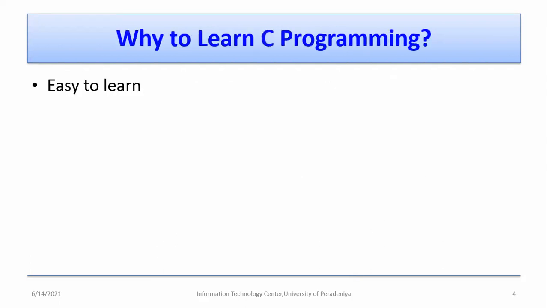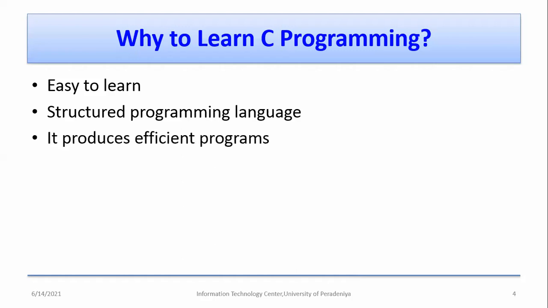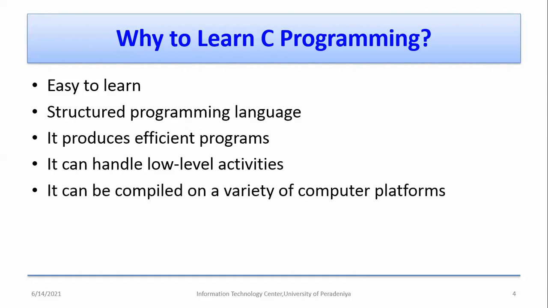Okay, so why learn C programming? It is easy to learn, it is a structured programming language, and it produces efficient programs. It can handle low level activities like hardware programming, and it can be compiled on a variety of computer platforms.